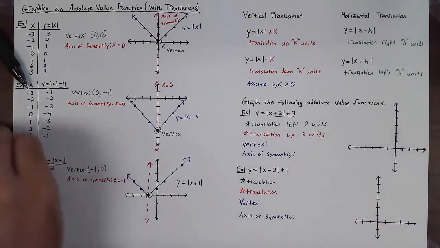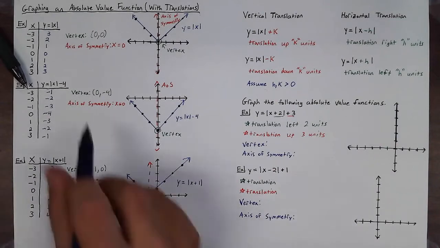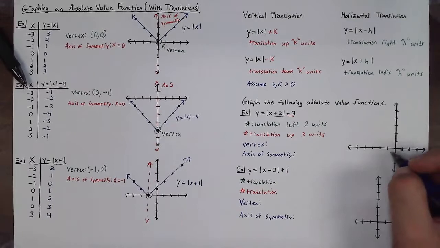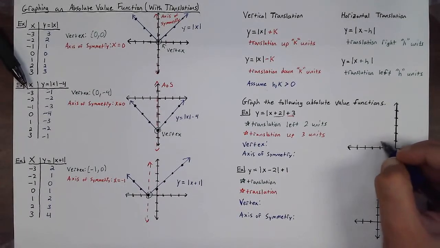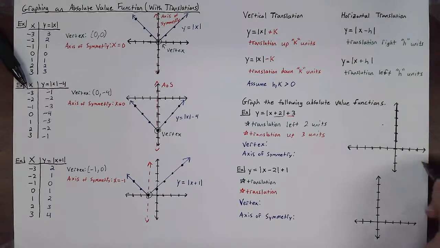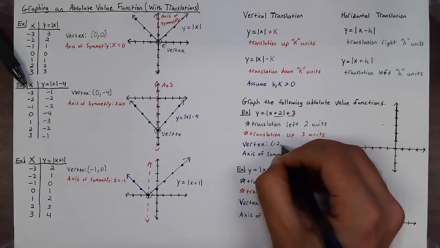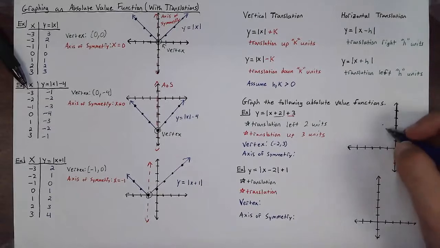So that changes a few things for us, where our vertex would normally be at 0, 0. Now we're going to be going left 2 units and up 3 units to find the new vertex, which will be at negative 2, 3, which is very helpful for graphing.